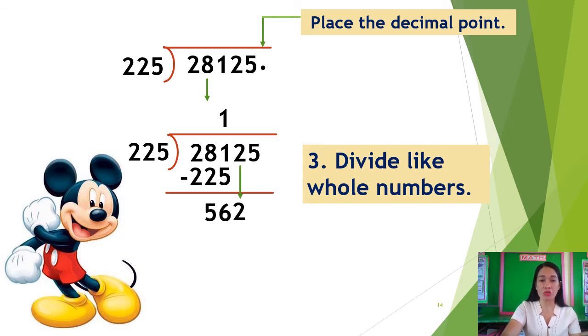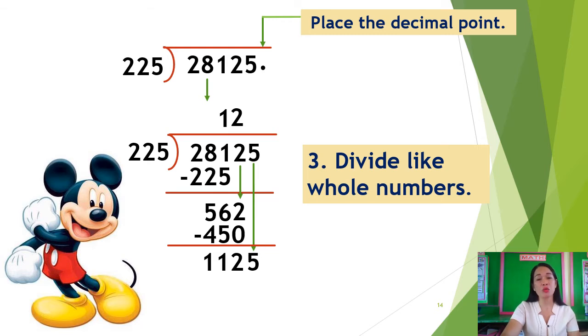Bring down 2. So 562 divided by 225 equals 2. 2 times 225 equals 450. So 562 minus 450 equals 112. Since 112 cannot be divided by 225, bring down 5.